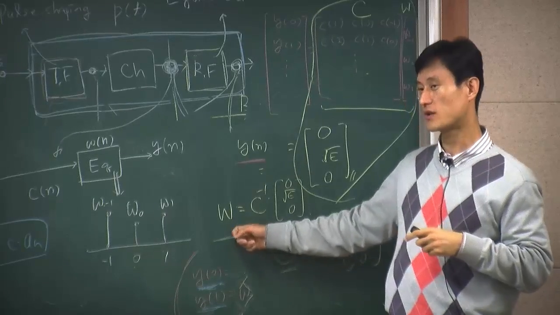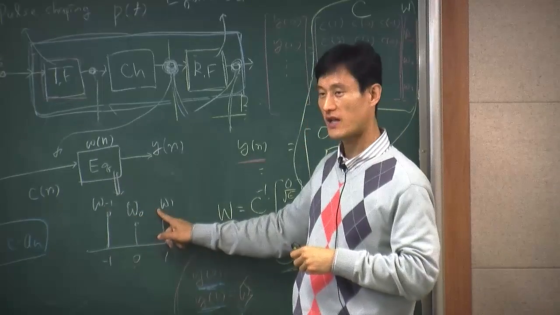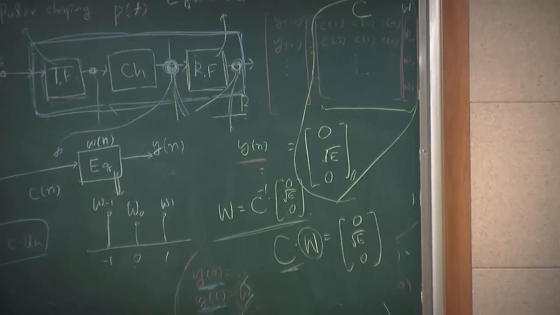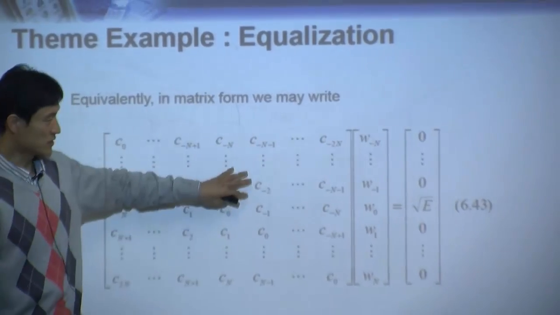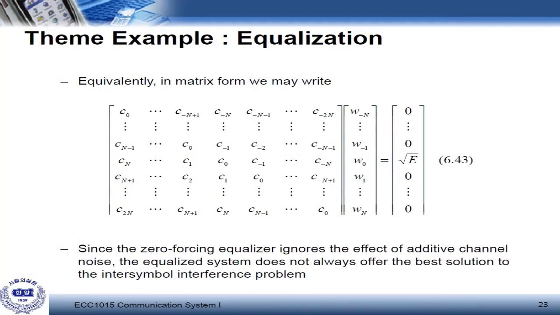And once you calculate the W, then you have all these values together. That's going to be your equalizer. So that's what you see here in this equation. The equation you see here is the case of a 2N+1 tap equalizer. What I showed you here is only 3 taps, but this is the general way.